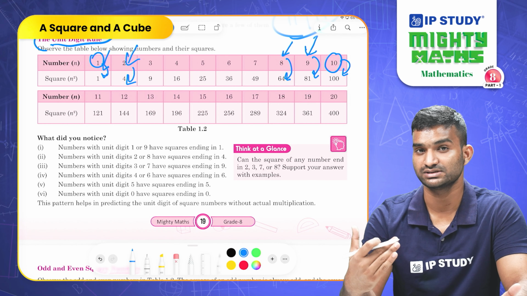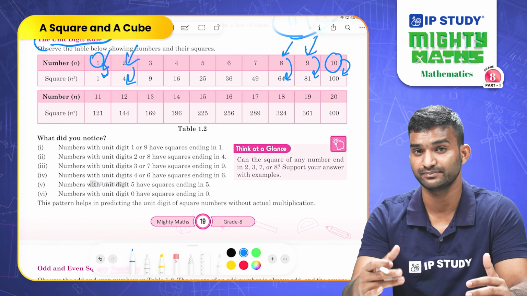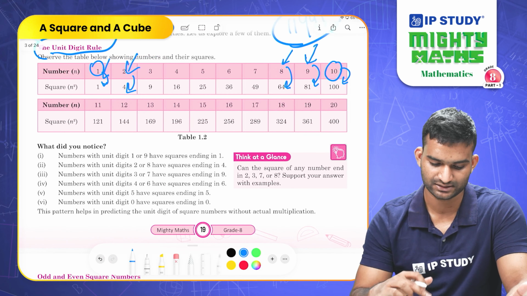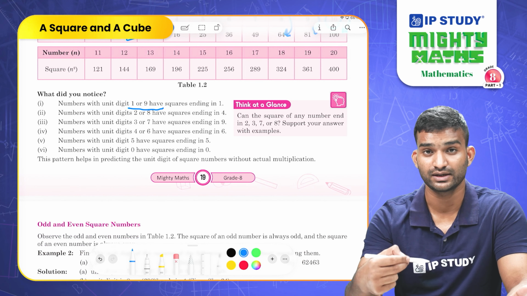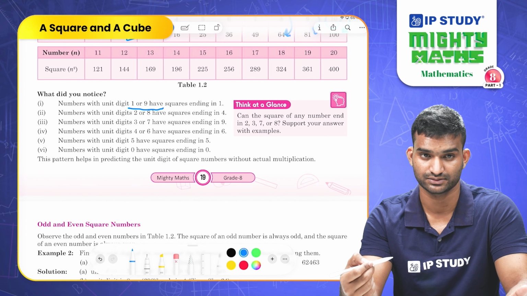We need to look at the numbers that give the same unit digit. What we learned from this table is that the numbers 1 and 9 have the same unit digit when we take the square of the number.